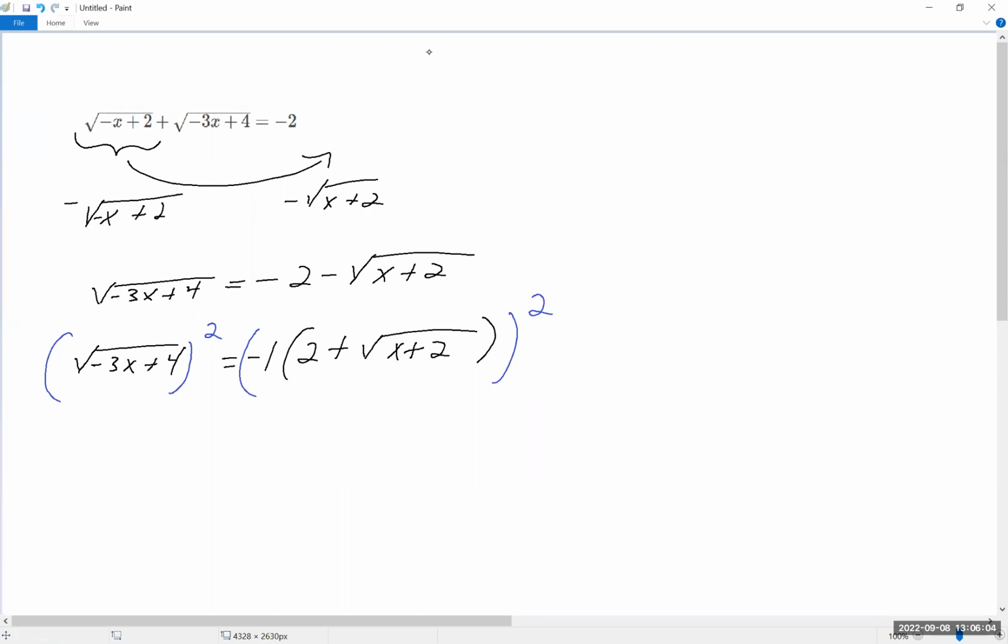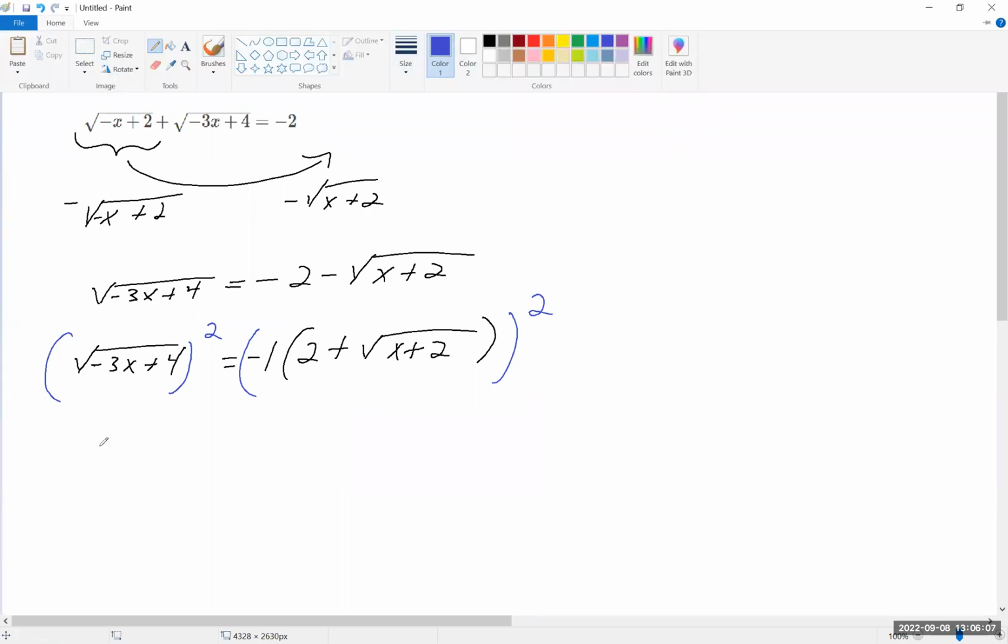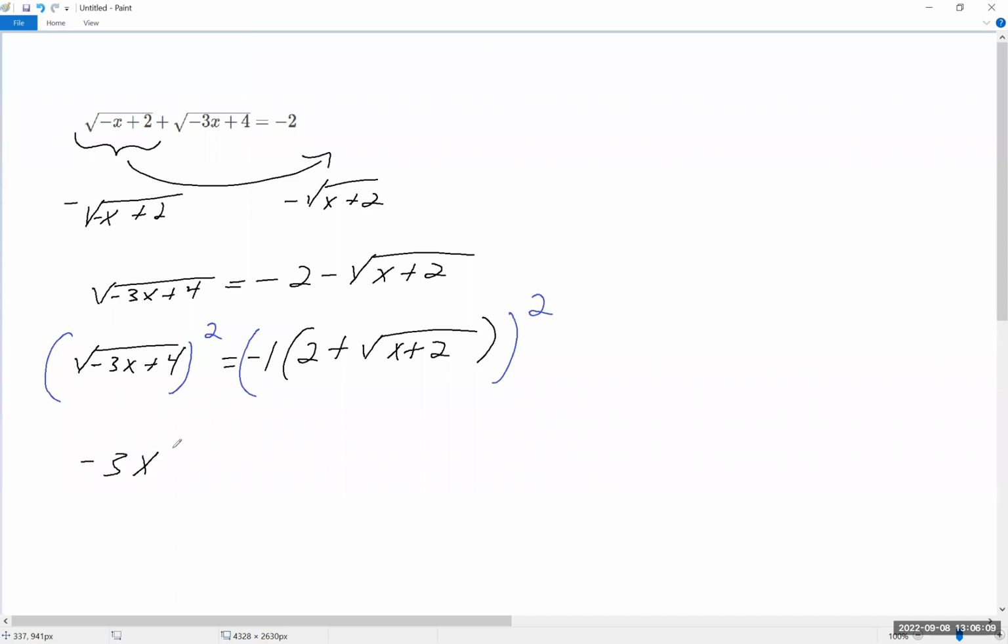So in the end, I think we may have an extraneous solution. So obviously this, if you square it, it's a 1. So I'm not even going to write it because it's a +1. So it's 2 plus the square root of x plus 2 squared. And I have to work that out.